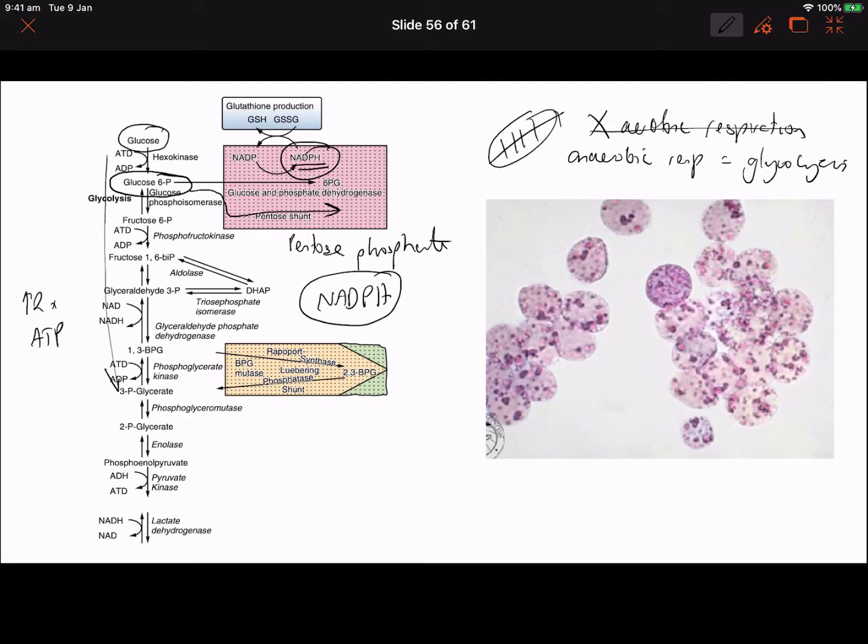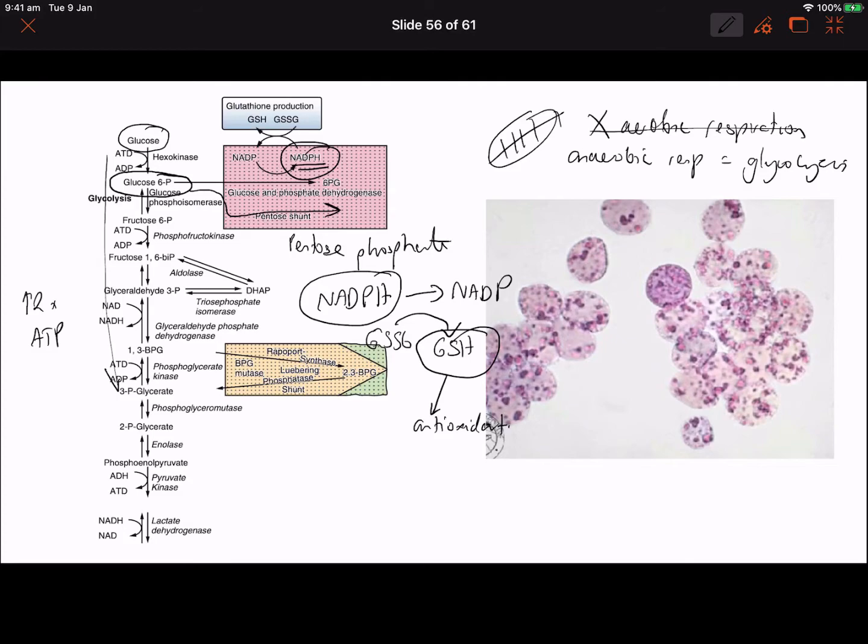But NADPH is fundamental in that by becoming oxidized to NADP, it's able to reduce glutathione from GSSG to GSH. And reduced glutathione, or GSH, is a fundamental antioxidant. So it's able to donate electrons and get rid of potent oxidants.